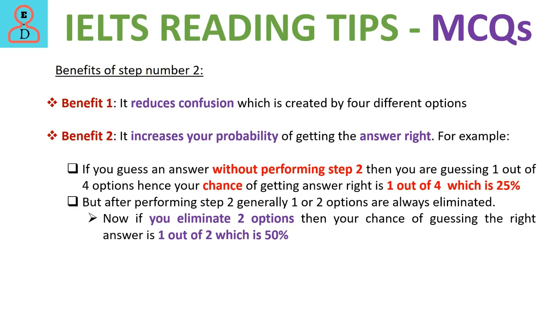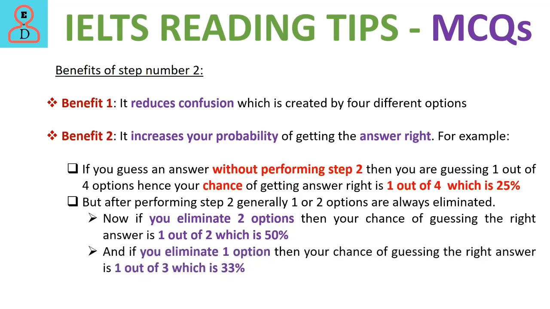And if you are making a guess out of 3, that means 1 out of 3, which means 33% chance of getting your answer right. In both the cases, it is much better chance than your original chance of 25%. Hence, this step is very important.